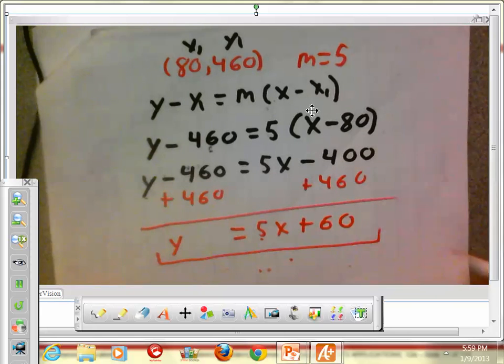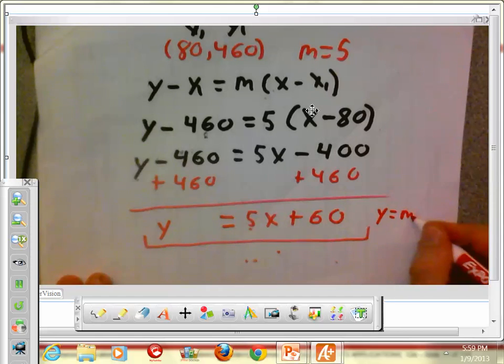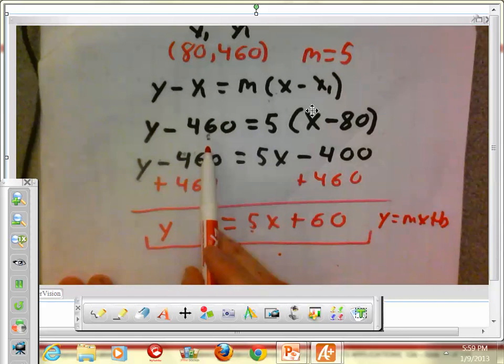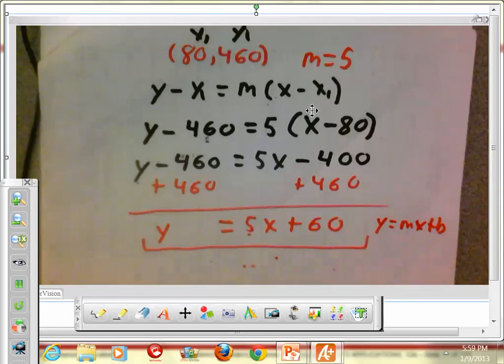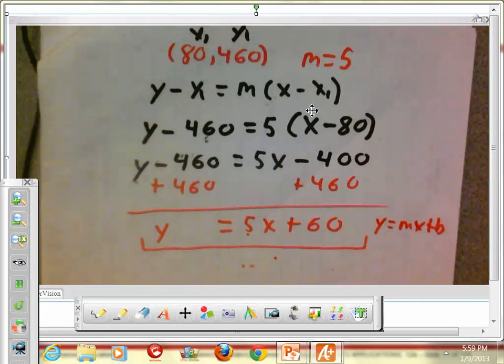So this is in the form y equals mx plus b over here, and this up here is written in our new form. So in calculus, it's going to be a lot quicker to write them down in this form. Sometimes you might have a homework problem that might ask you to write it in the slope-intercept form.